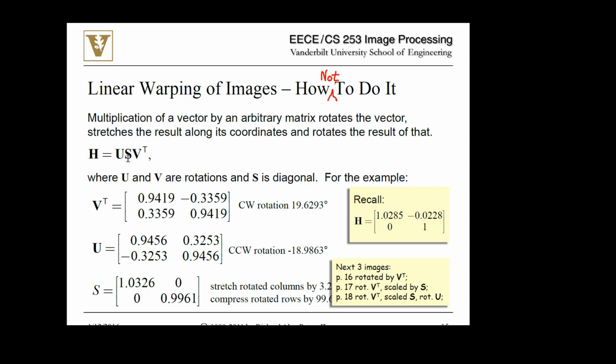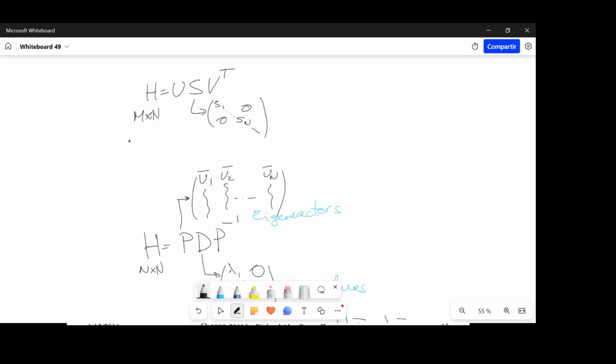And this SVD decomposition has a property that U and V are unitary. That's it.